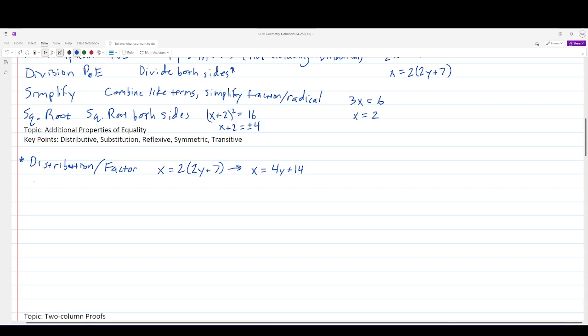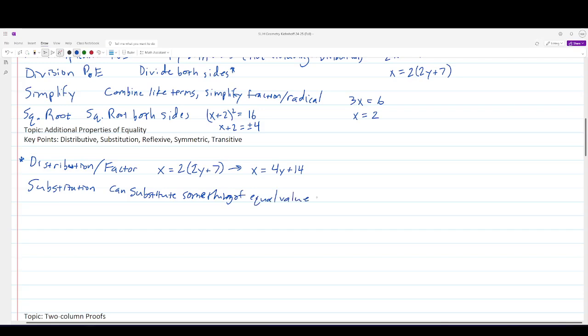Next thing we have is substitution. This is another one-sided operation, so it isn't necessarily a property of equality. It just says that we can substitute something of equal value.